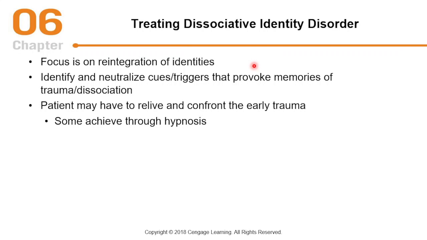And then, identify and neutralize cues or triggers that provoke memories of the trauma or dissociation. So, like for example, in the American Psycho, there was a point in the movie na nung pumunta na yung kapatid ng babaeng pinatay ni Norman Bates, parang nung nakita niya, kasi nag-imbestiga nga siya, nung nakita niya na parang yung nanay nga yung source ng trauma, pero syempre di niya alam to what point of trauma or to what extent of trauma ang meron.